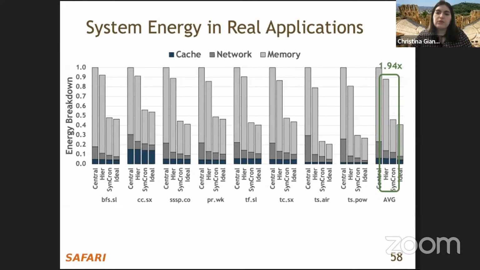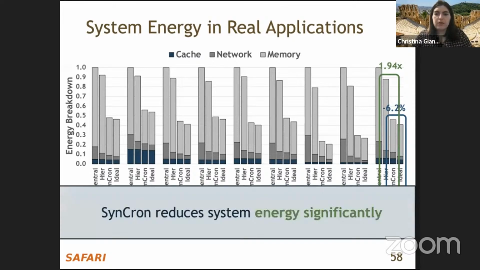And also, thanks to its direct buffering capability, it minimizes the memory energy because it avoids using memory for synchronization. Therefore, it provides high energy benefits. And also, we find that the energy overhead over an ideal synchronization scheme is only 6.2%. Overall, we conclude that Synchron significantly reduces system energy consumption in real applications.